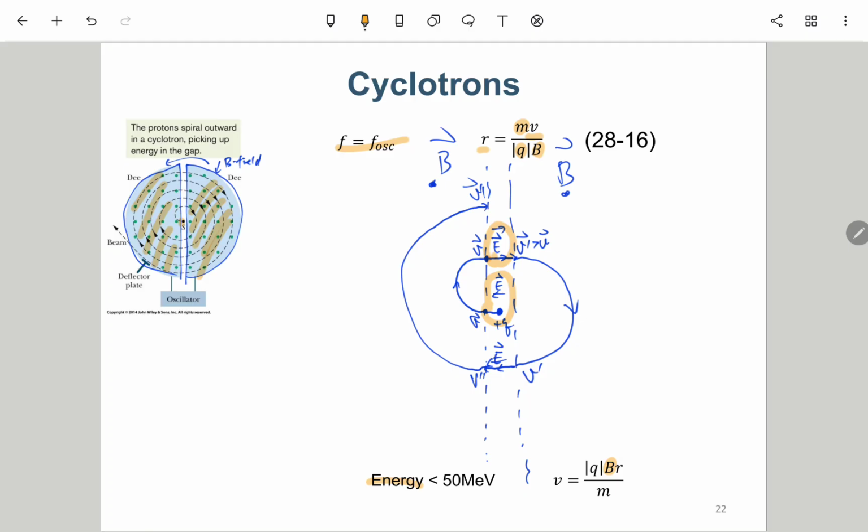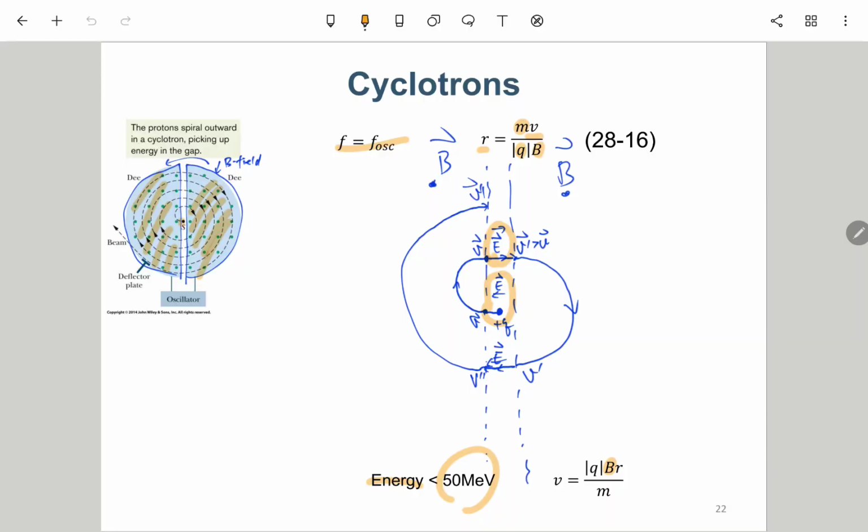So generating the B field in the whole area will be power consuming. It is not easy to achieve high energy with the cyclotron.